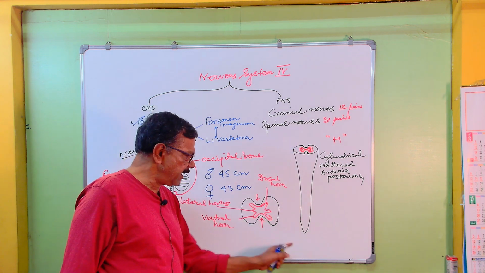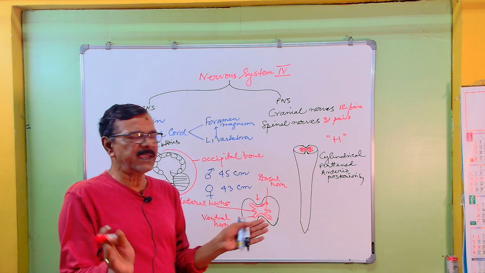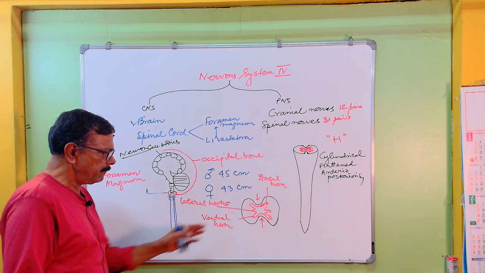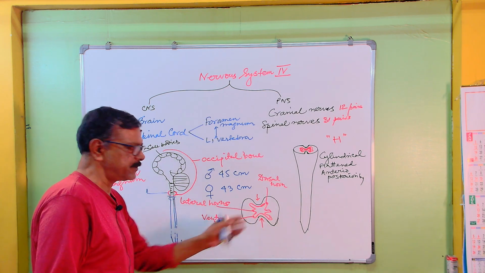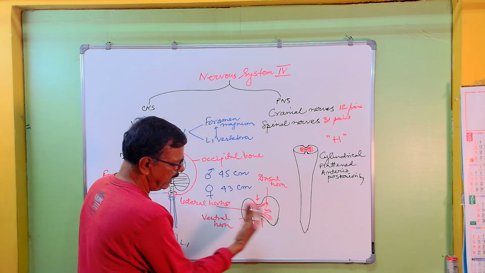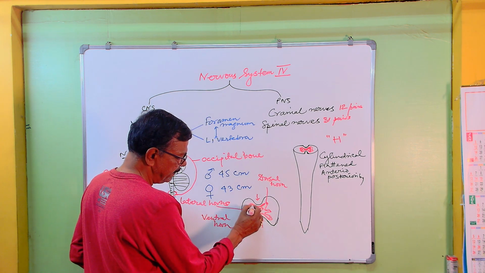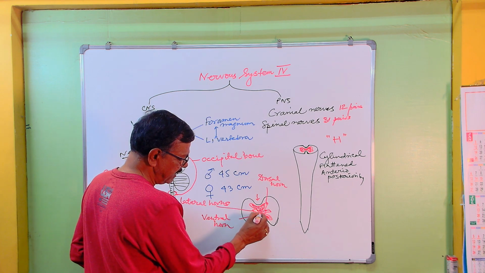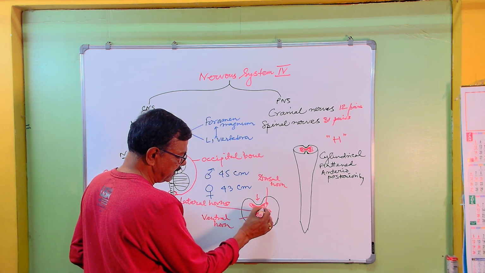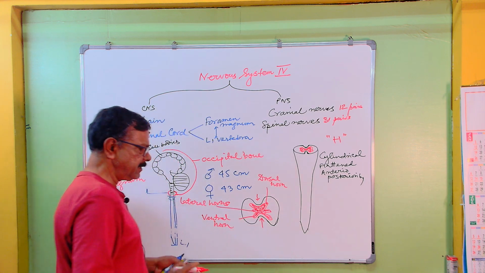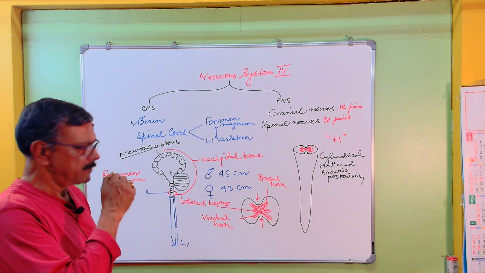Now if you cut here, it will make two symmetrical halves on the right side and left side, and this gray matter will project here. Clear? The gray matter produces three horns: dorsal horn, ventral horn, and these lateral horns.